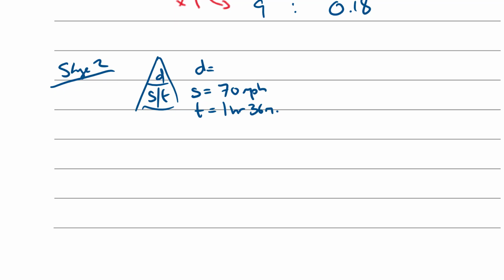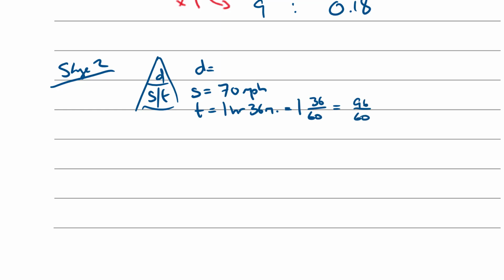We need to really convert that into a decimal, I think. So 1 hour and 36 minutes. There are 60 minutes in an hour, so that's 1 hour and 36 sixtieths. In other words, it is 60 plus 36, 96 sixtieths of an hour.